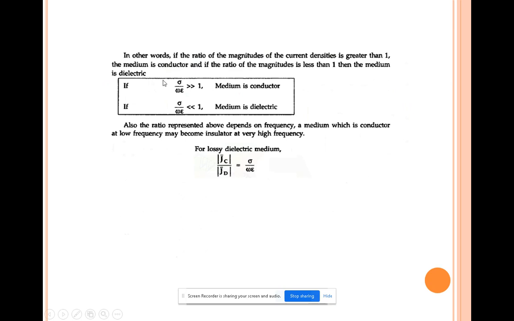Here we see two conditions: sigma divided by omega epsilon much greater than 1 means the medium is considered a conductor. If the medium is a dielectric, sigma by omega epsilon is very, very small. For a lossy dielectric medium, the ratio between conduction current density and displacement current density is sigma divided by omega epsilon. Note this equation, it can come for 2 marks.